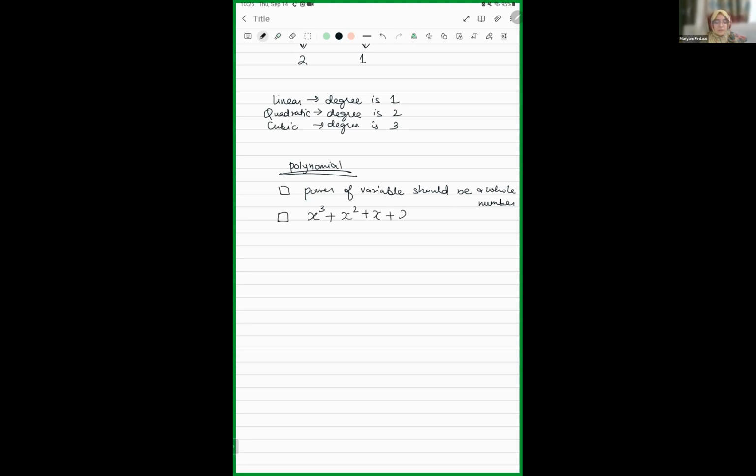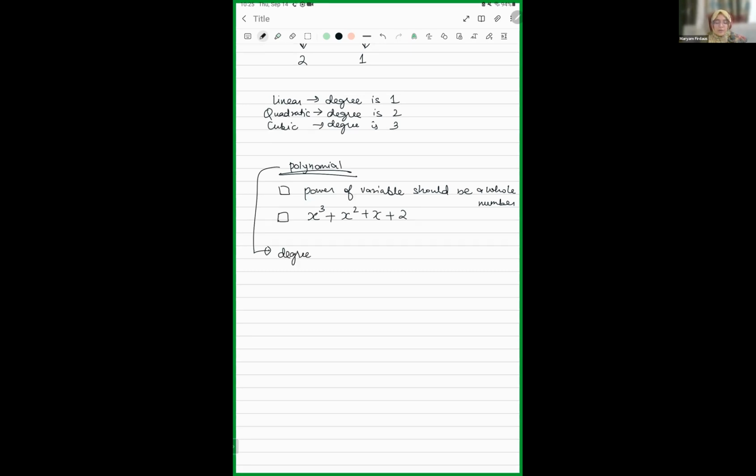You don't have to write the equal to sign. This is a polynomial. Poly means the degree is more than 1, more than 2. It can be 3 or more than 3. Poly means degree is of variable type.